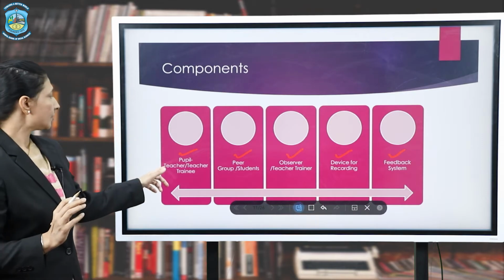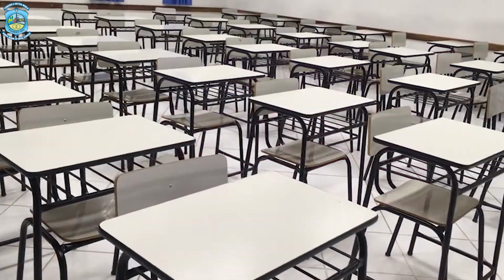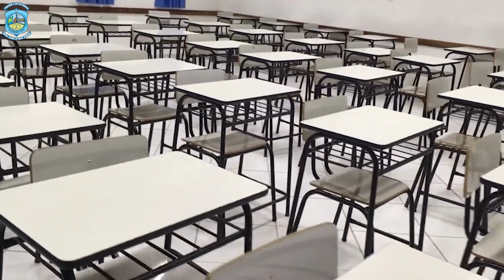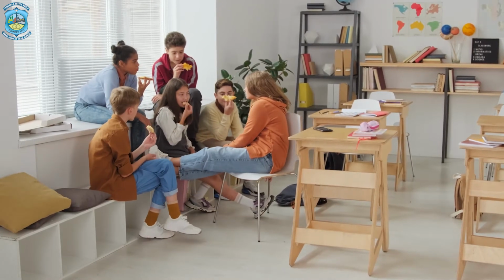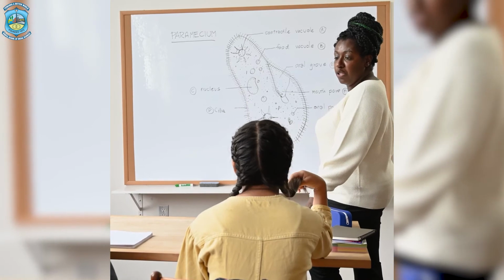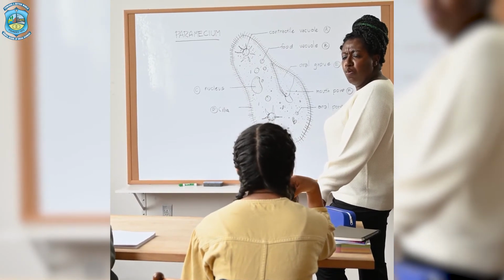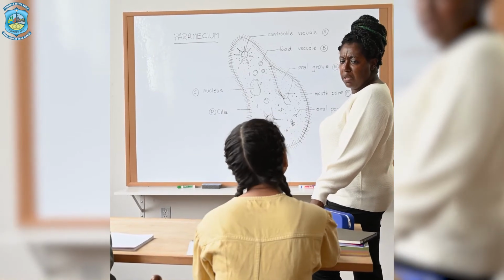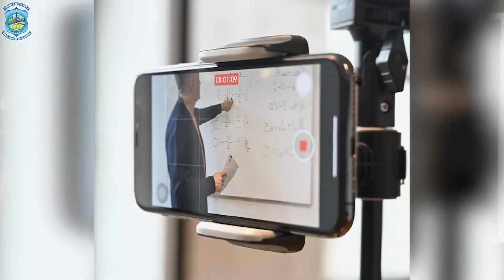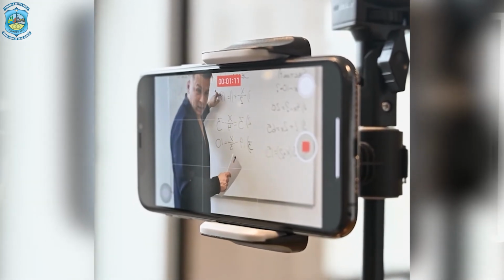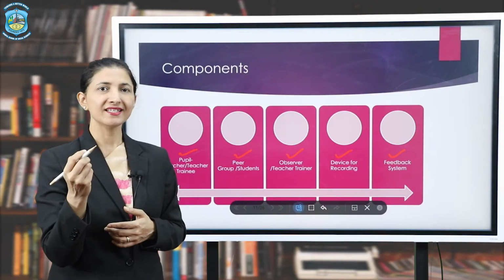Now, the pupil teacher or teacher trainee will teach the topic in the class. Peer group or students will be the learners in the class. Observer or teacher trainer will observe the class. For recording, a smartphone or video recorder can be used to record the teaching of a pupil teacher.